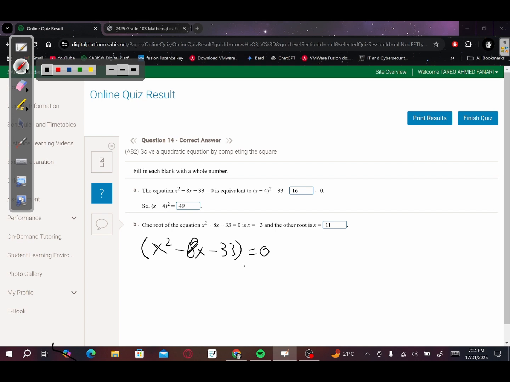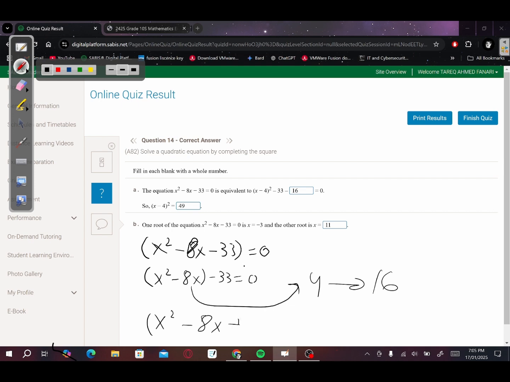Now there's nothing to factor out on both sides, so just x squared minus 8x minus 33 is equal to 0. Now we're going to take half of this, which is 4, and then square it. So this is going to be 16. So it's going to be x squared minus 8x plus 16 minus 16 minus 33 is equal to 0.